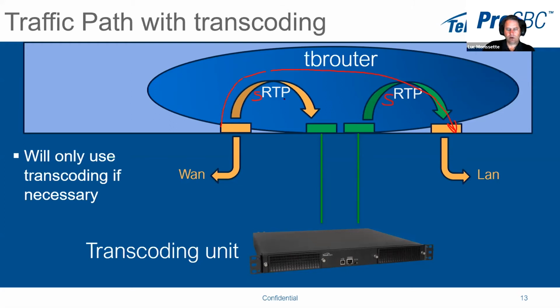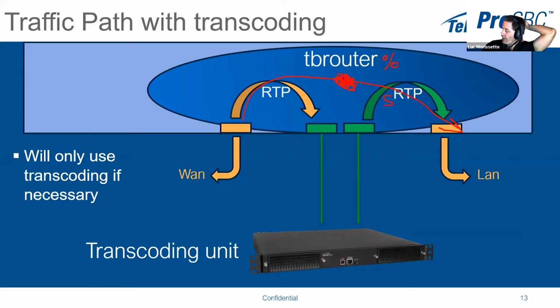If you do RTP to SRTP, it's still going to go through like this, but TB router will do the conversion from RTP to SRTP, and this requires some CPU usage from the system to do this transformation.